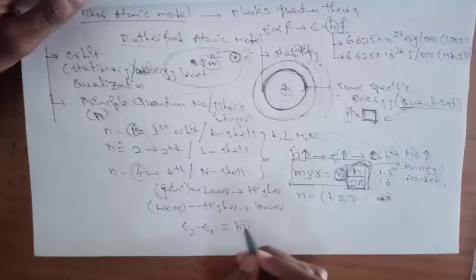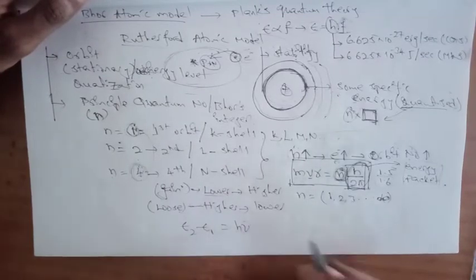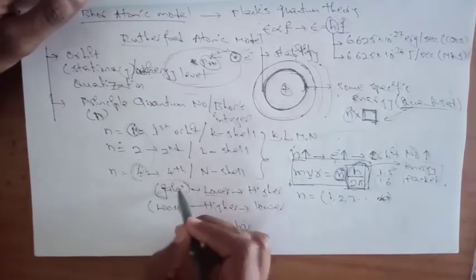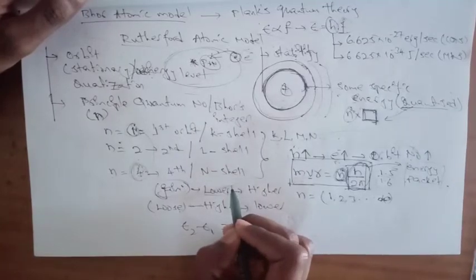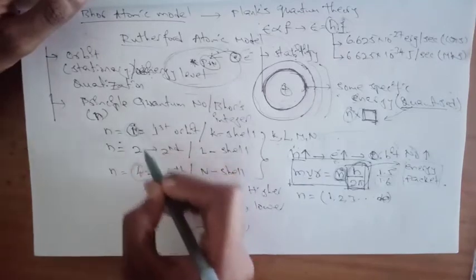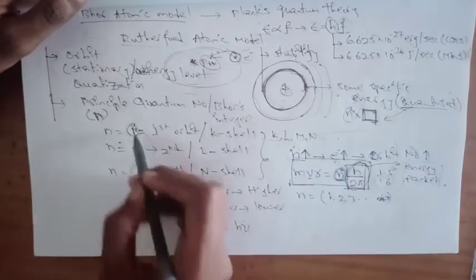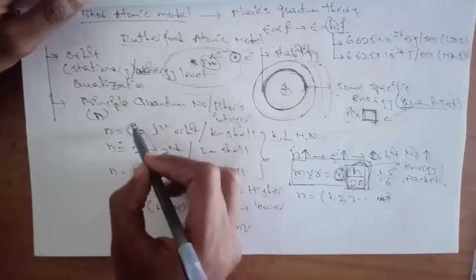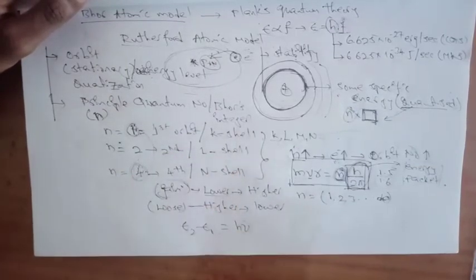Suppose it takes 100 units of energy from an external body and jumps to the fourth orbit. That means the energy difference between these two energy levels is approximately 100 units.